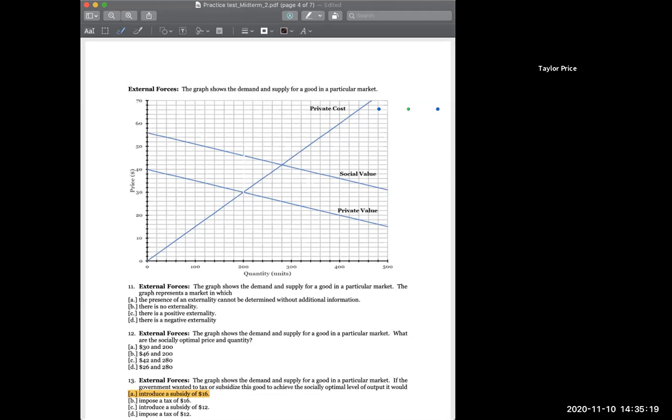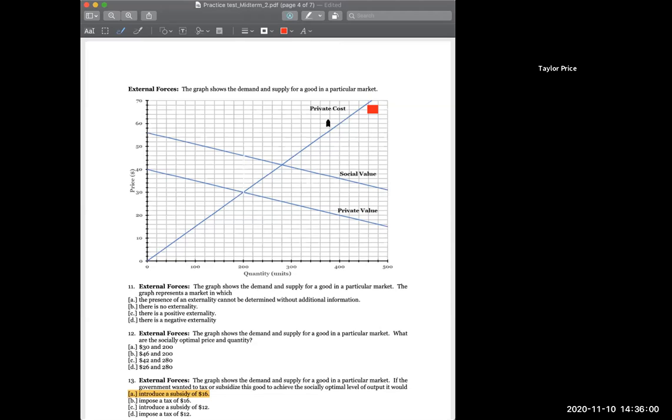Yes, so this graph is a positive externality. The reason you can tell is because there's the social value and the private value. Whenever you see two demand curves, that's how you know it's a positive externality.